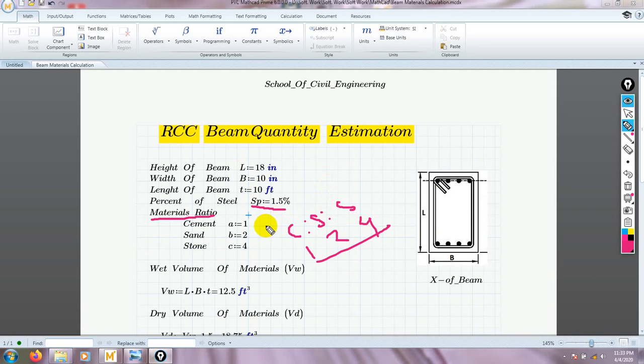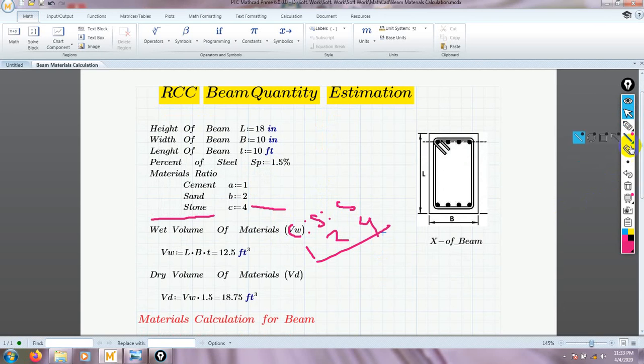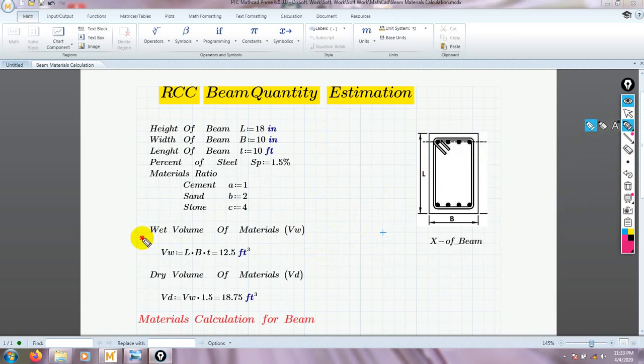So first of all we have to calculate our wet volume. To find out the wet volume of the materials, you all know that the volume will be length, width, and height.